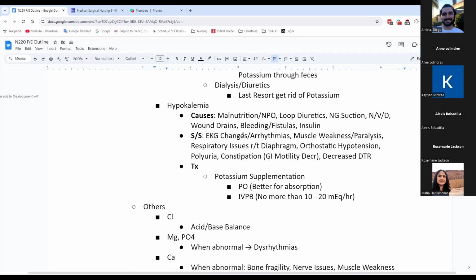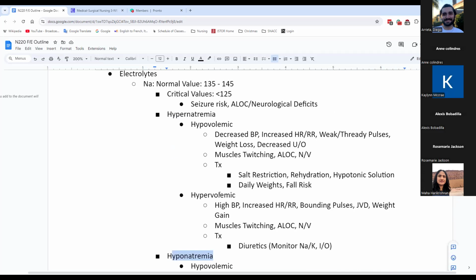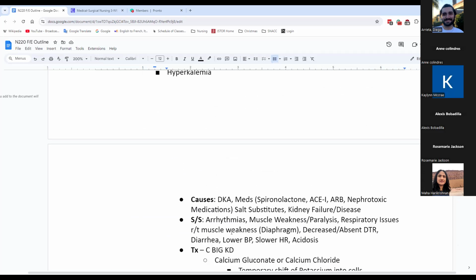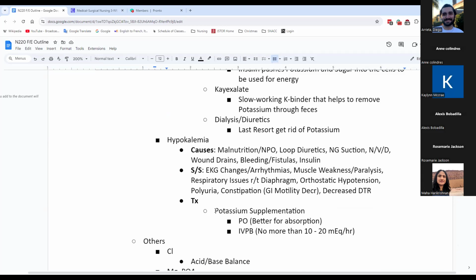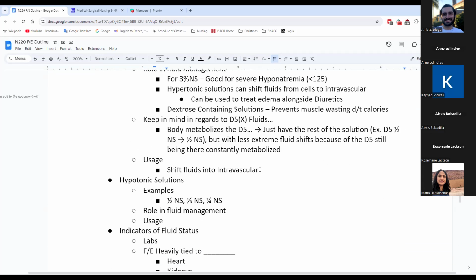So if you have massive fluid shifts, it can cause hyponatremia or whatever. Even though hypokalemia isn't as affected by the fluid shifts, it can still have some effect. So we don't really want to cause that. So just remember that.